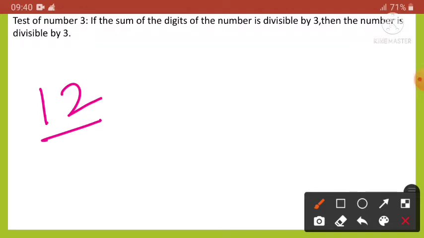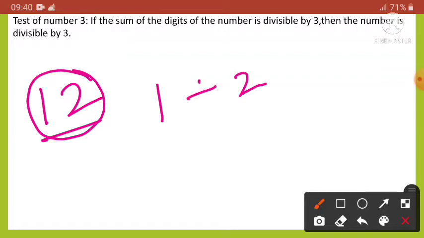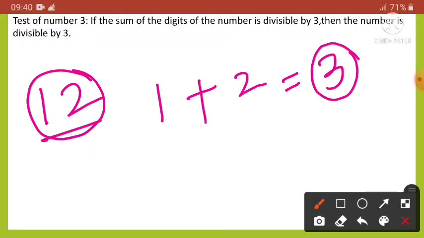Here the number is 12 and the digits are 1 and 2. So we have to sum the digits. We get 3. Now we have to divide the result. Yes, 3 is divisible by 3. So we can say that the number 12 is divisible by 3.